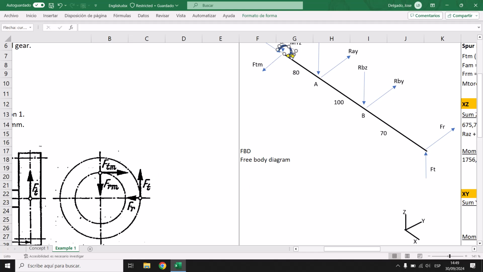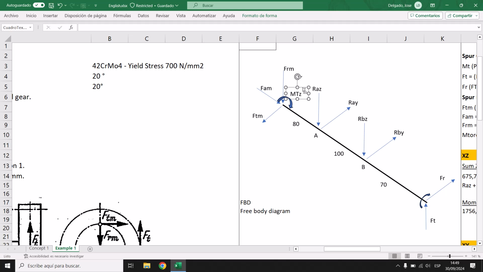If you remember, don't worry, I'm going to put it here for you. It's going to be our torque, but in the X axle.